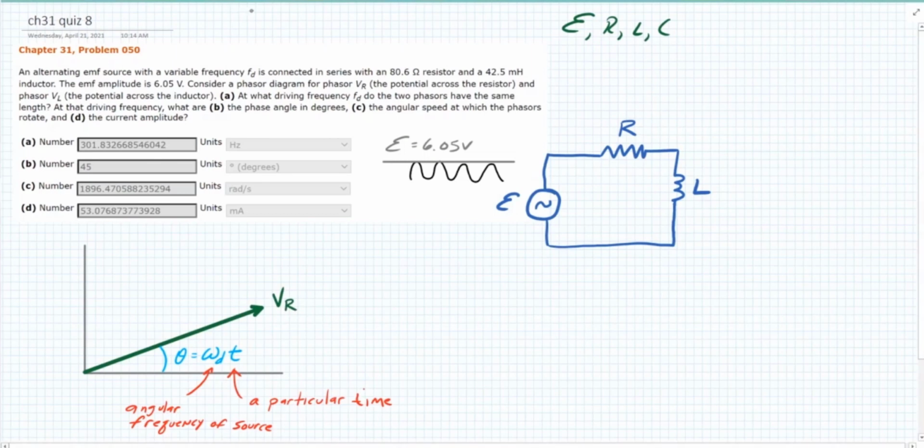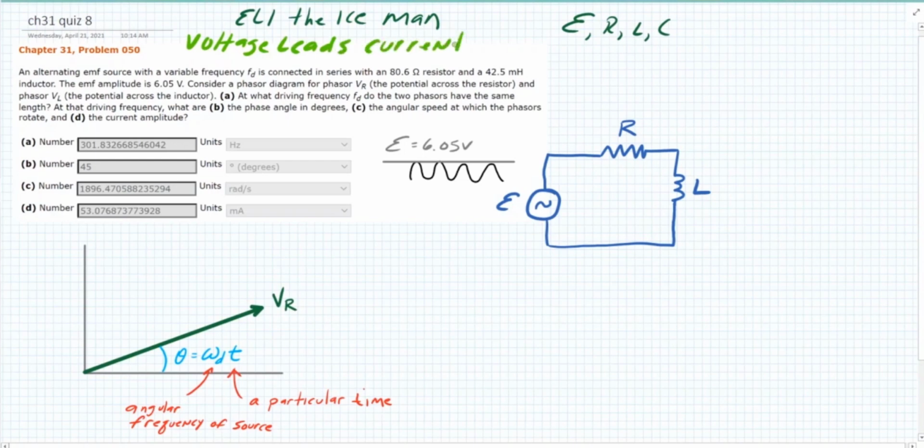And I remember from ELI the ICE man that ELI means the following. ELI means inductor voltage leads current for an inductor. That's what ELI means.